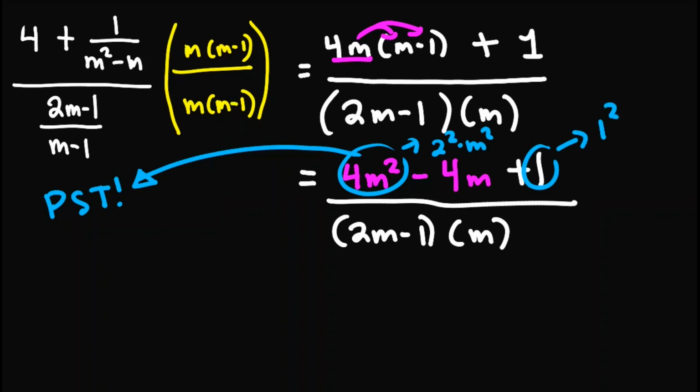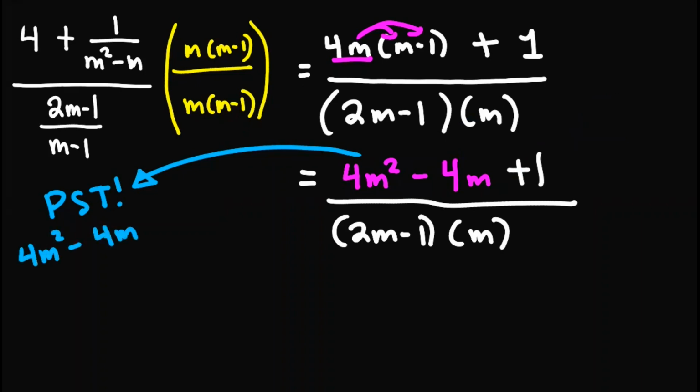And you can verify that when you multiply this 2 times 2, the outcome is this one. So by perfect square trinomial, we know that 4m squared minus 4m plus 1 is equal to 2m minus 1 squared.